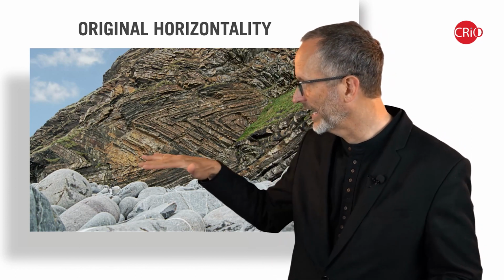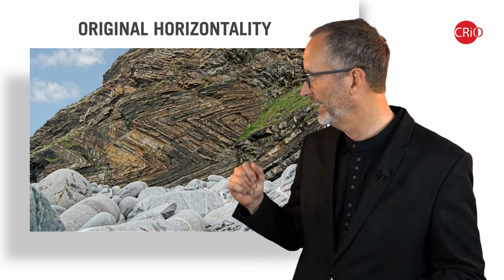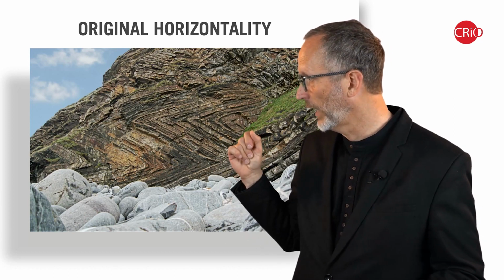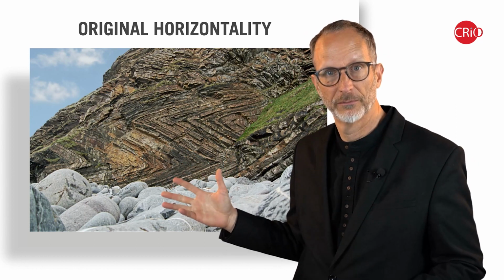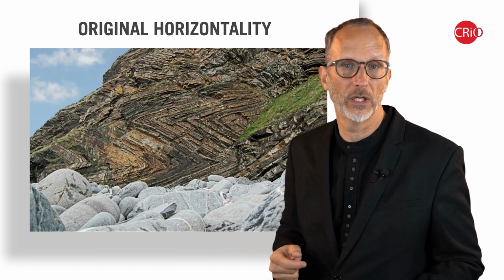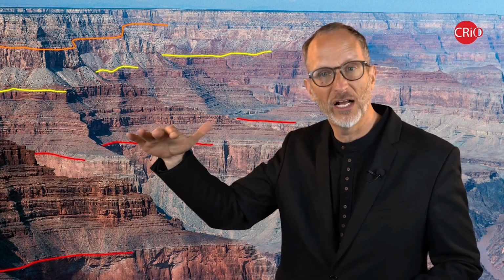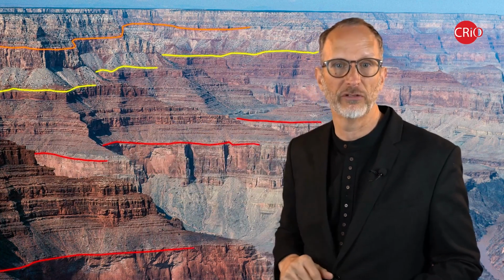Almost all layers are horizontal when they formed, yet how could they be changed? Geological forces, erosion, and so on can do this. Finally, back to our Grand Canyon example, all of these layers were once connected to one another if you have the same rocks in the same sequence of layers.